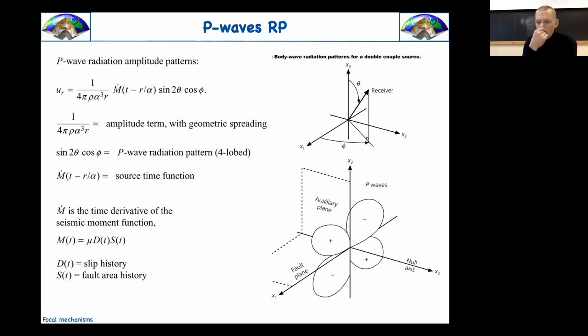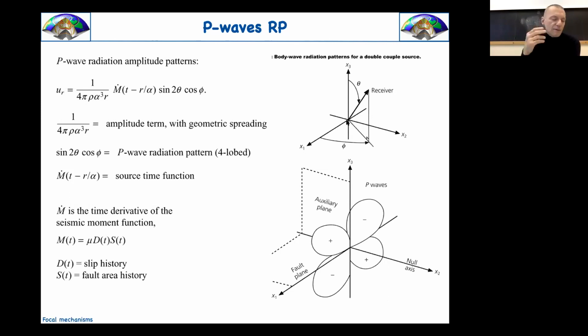Taking into consideration first the P wave radiation pattern and using a sort of spherical reference system, but it's not the center of the Earth, it's the center of the source. So the position will be at a given radial distance, and its position will be decided by two angles.